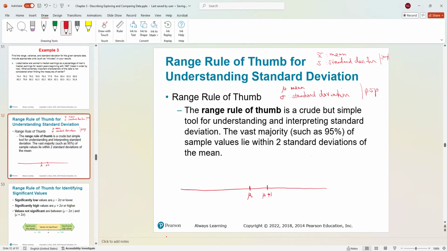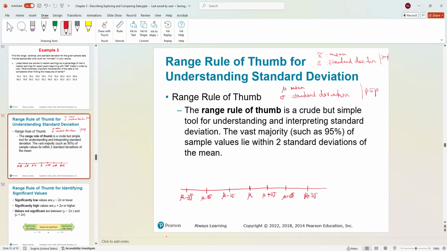You can go one standard deviation above the mean or one below, two standard deviations above or two below, or three standard deviations above or three below.